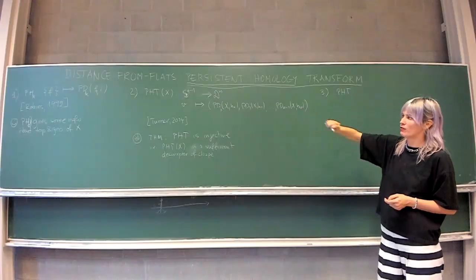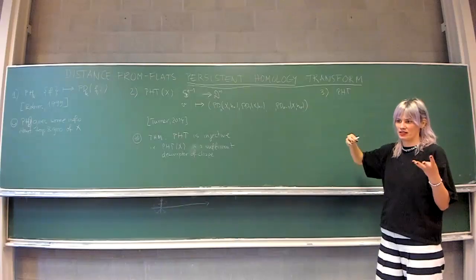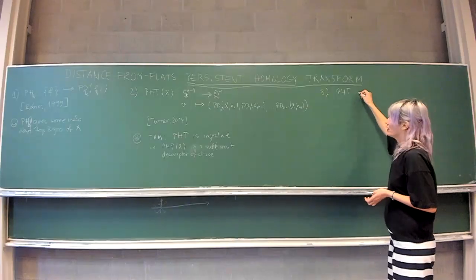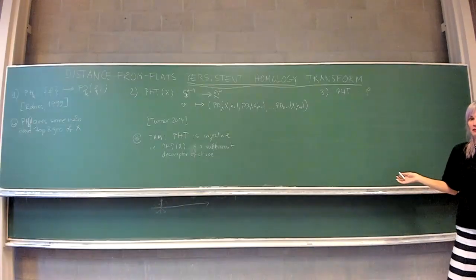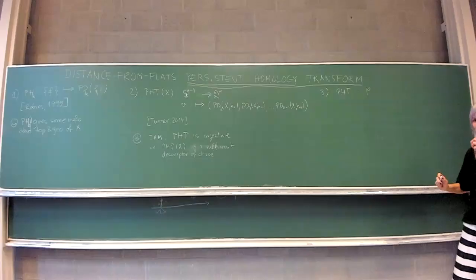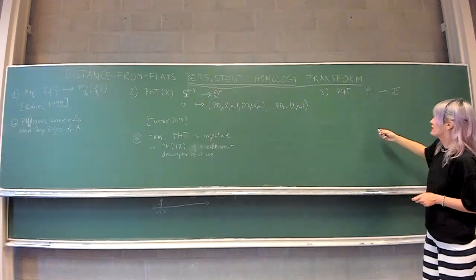From now on, we refer to this as the classical or height persistent homology transform. But we can look at any space as input, a topological space, and then do the same.